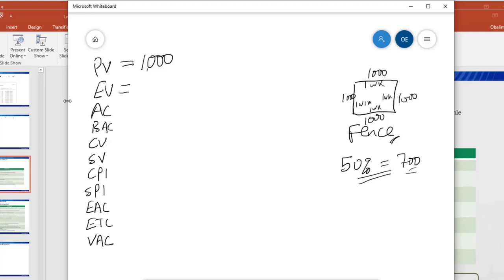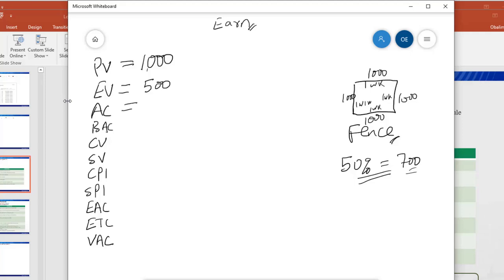So our earned value is 500. That is the amount of money that should have been spent based on the volume of work that was done. In other words, it is the amount the workers should actually earn based on the work they did, in line with our planned value.